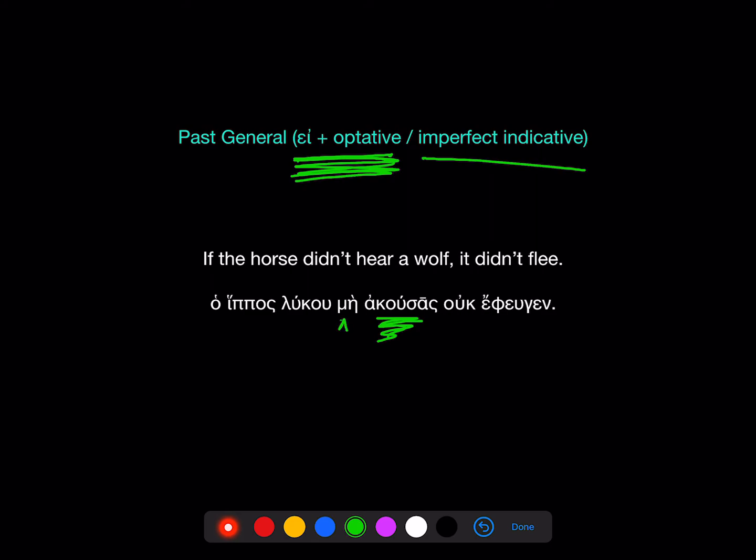Notice we have our μή in the protasis, or our μή with the participle, and our οὐκ in the apodosis. In fact, this is a kind of circumstantial participle, and conditional protases are the only time you're going to see μή with a circumstantial participle. All the other circumstantial participles use οὐ.